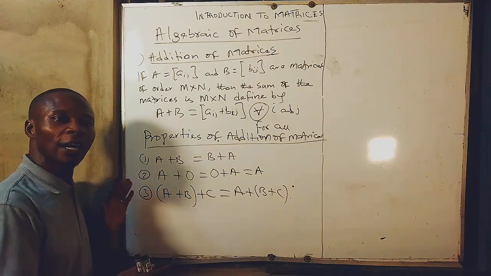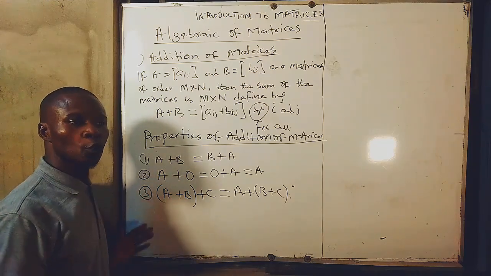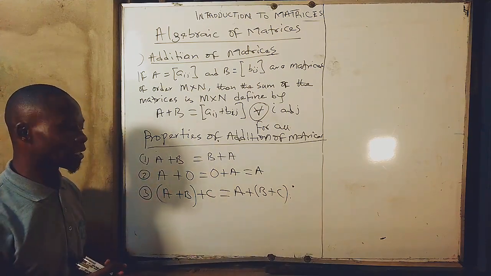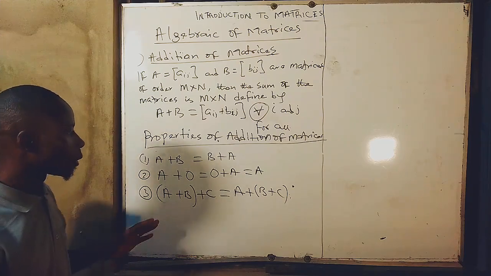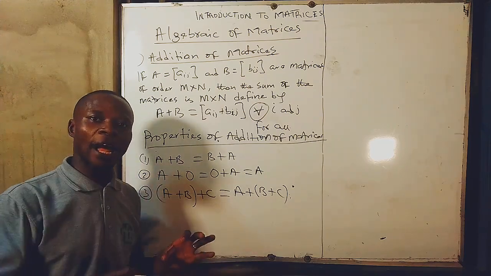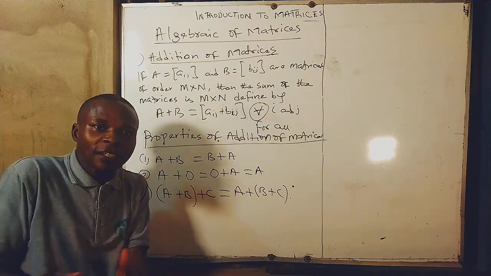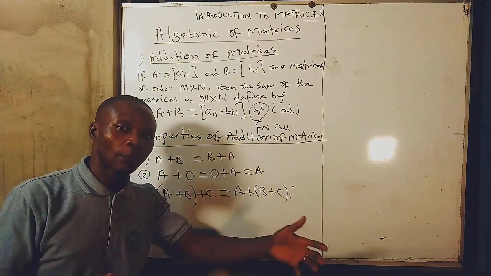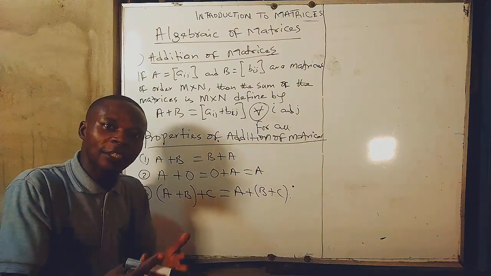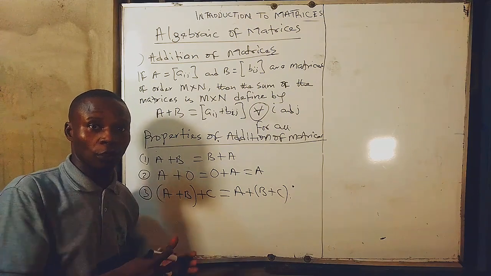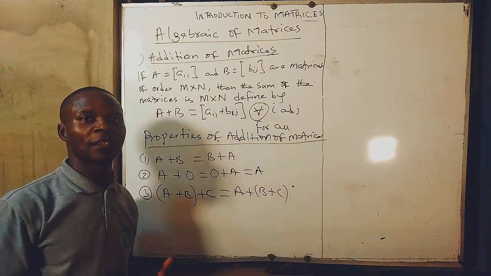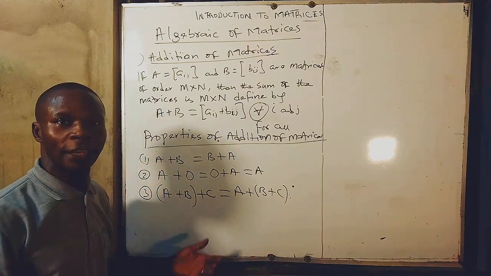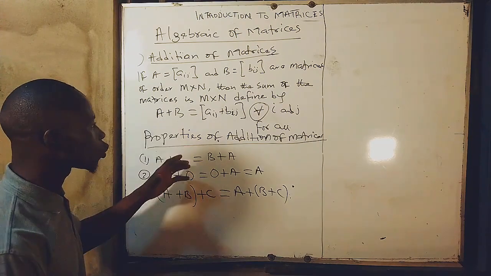That is, whatever is on the left hand side must also be a reflection of what is on the right hand side. I want you to know that most of these properties are also linked to subtraction, but there's a little difference. When we discuss subtraction, I will explain the difference and the properties of subtraction. But before then, let's take an example of addition of matrices.